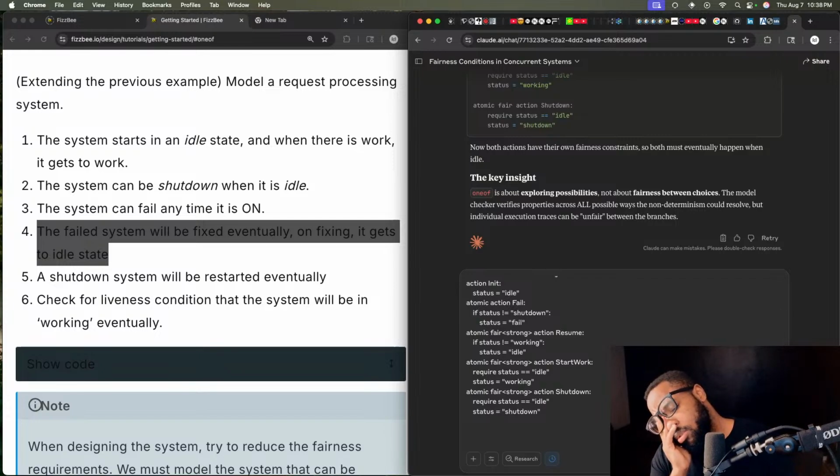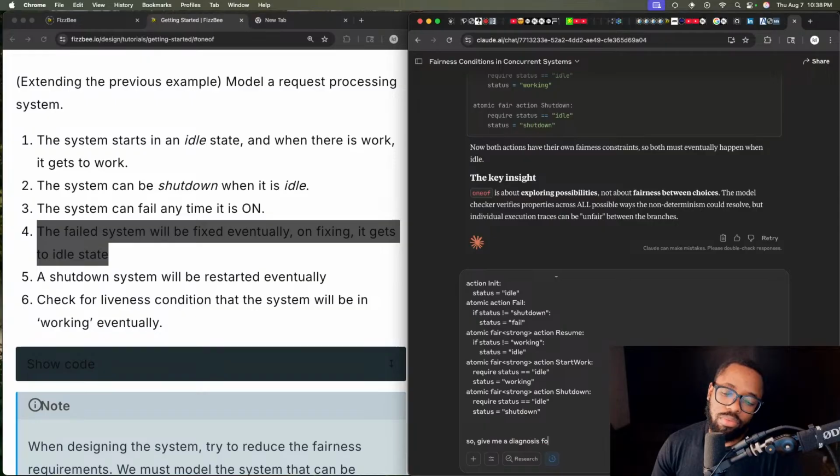Okay. So what do I want to ask? I don't want it to just give me the answer. I want it to give me a diagnosis. So give me a diagnosis of what's wrong here. Approach this from a Socratic, is that how you spell it? No, Socratic. No, okay.